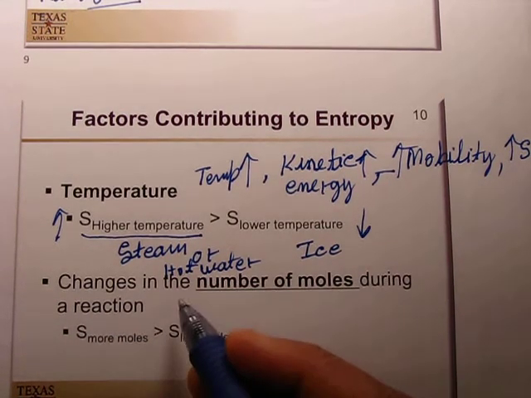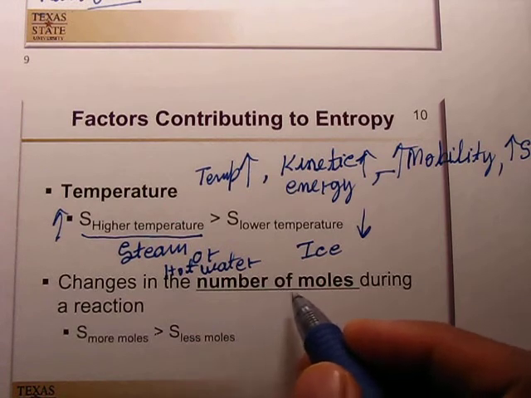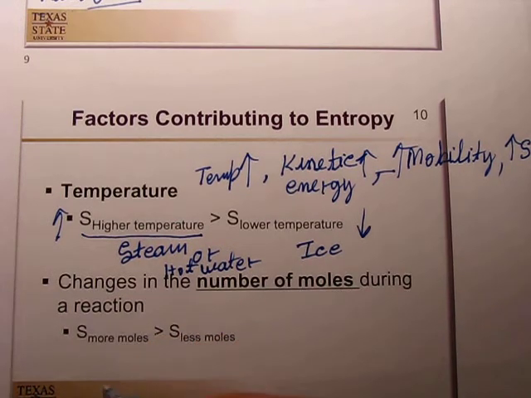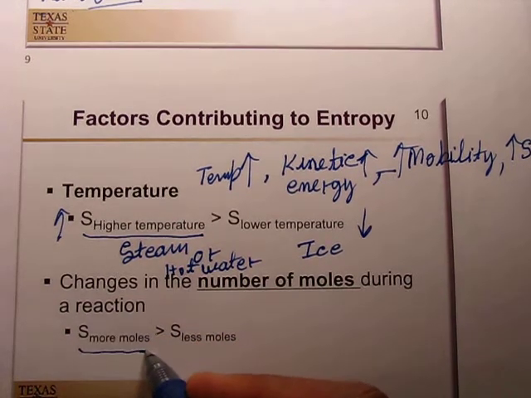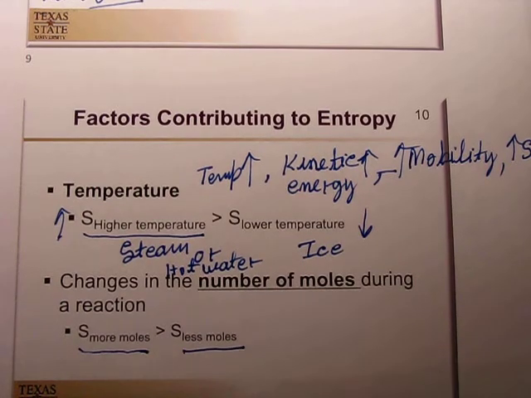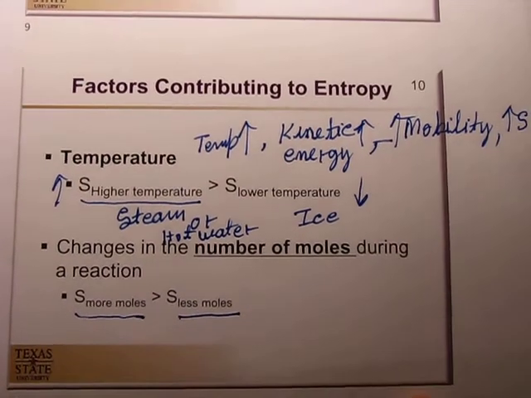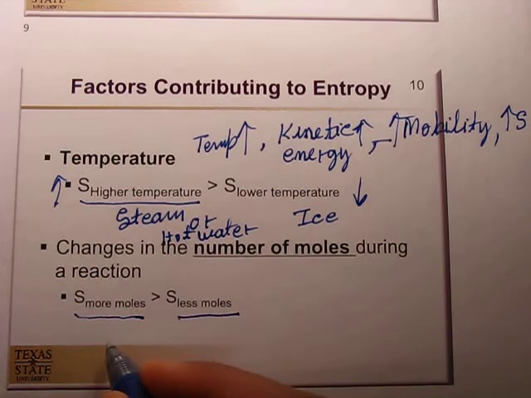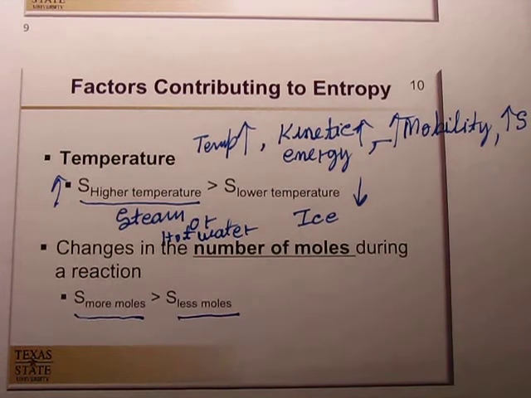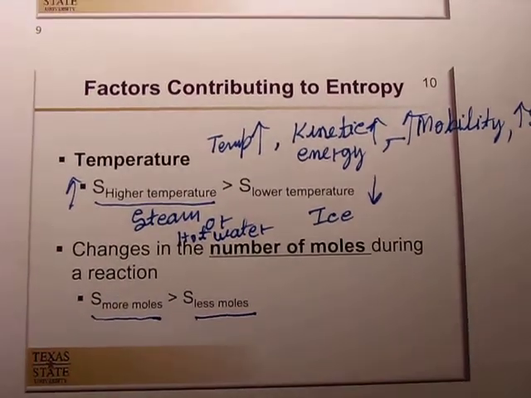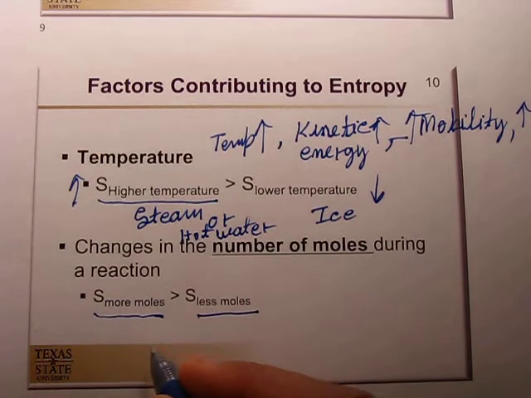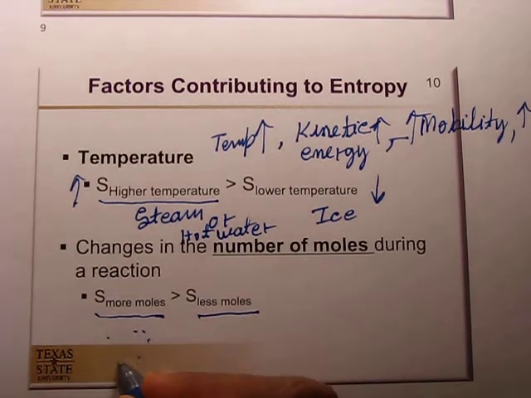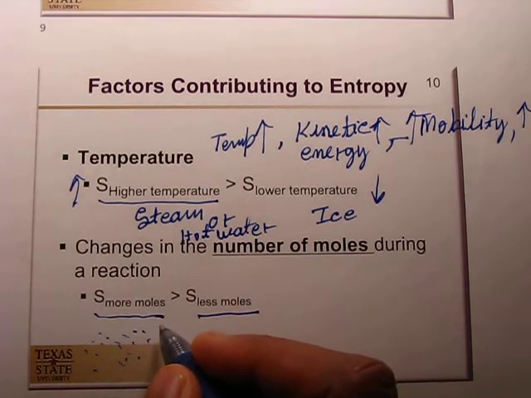Another example is the change in the number of moles during the reaction. More moles, more randomness; fewer moles, less randomness, right? You can understand that when we go to the office or the parking lot, we can see many cars and many people are there, so there is more randomness.